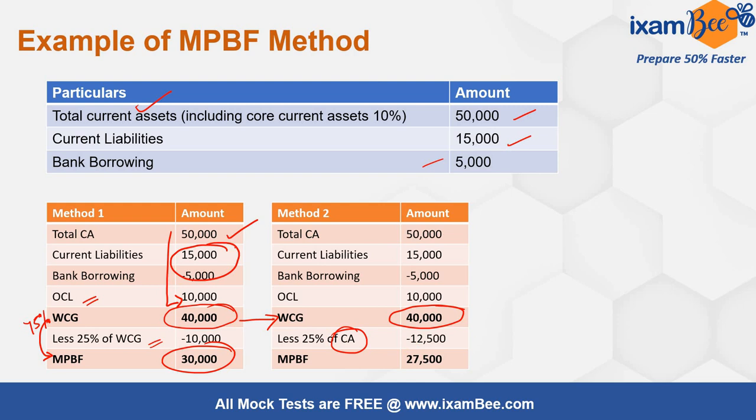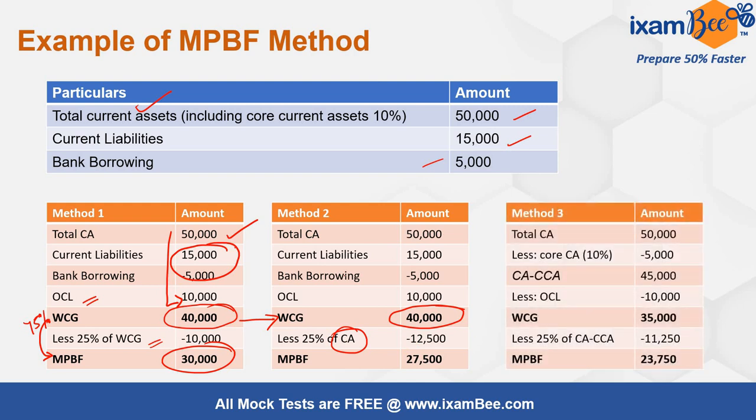And if we look at the third method, first we find the gap that has to be funded from the current assets. So we reduce the core current assets to arrive at the actual current assets. So those current assets are 45,000. So they have reduced from 50,000 to 45,000. Then we reduce the other current liabilities to arrive at the working capital gap. So our working capital gap has actually reduced. Why?